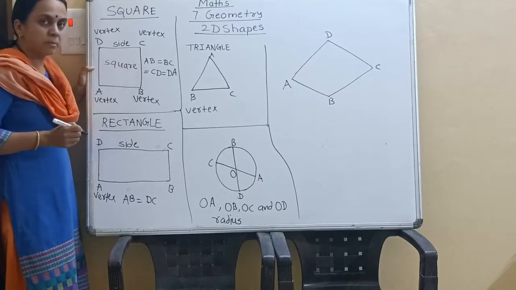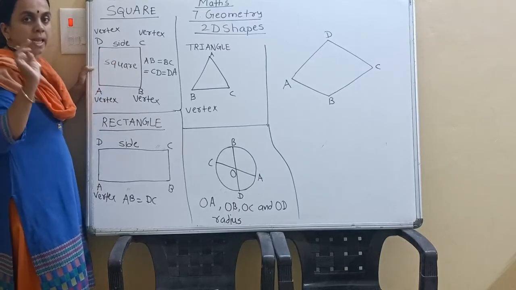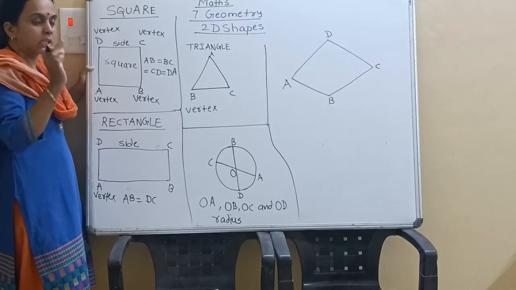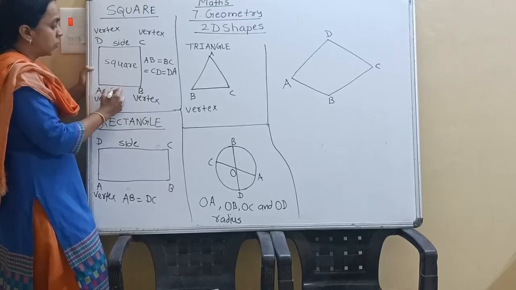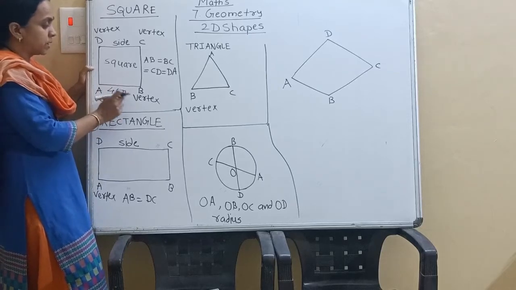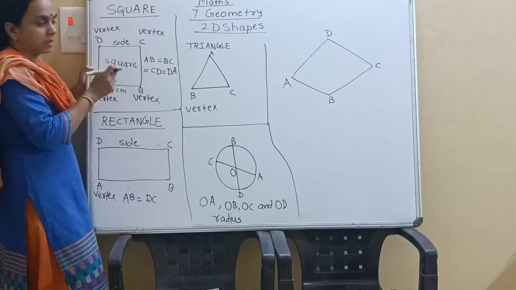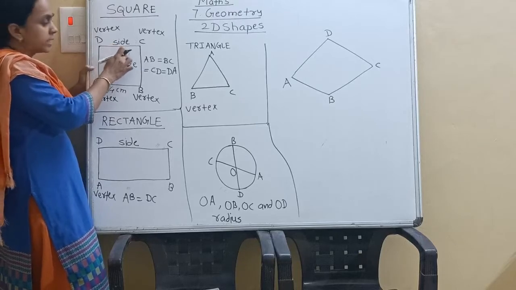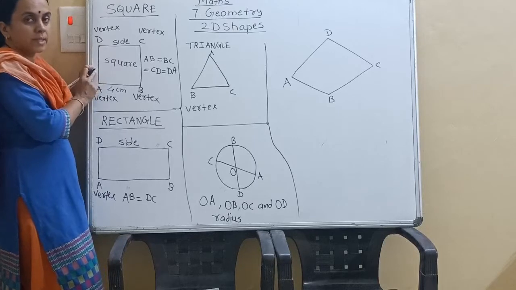Always remember, when you have to draw a square with the help of your scale and pencil, we have to take the same measurement. Suppose AB is 4 centimeter. Then we have to draw BC also 4 centimeter, CD also 4 centimeter, and AD also 4 centimeter.